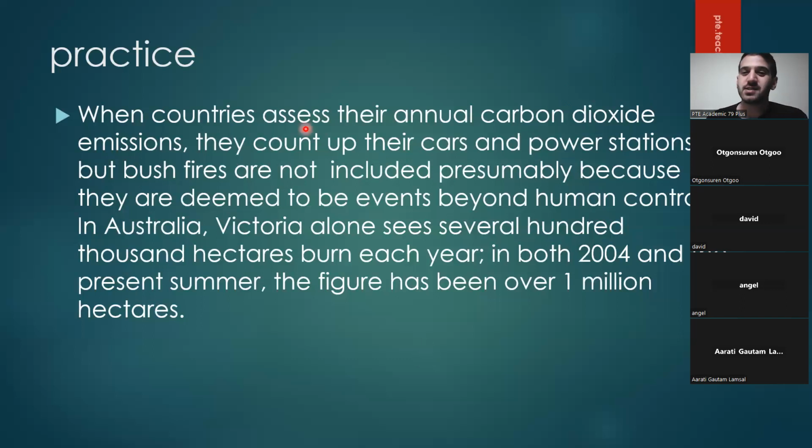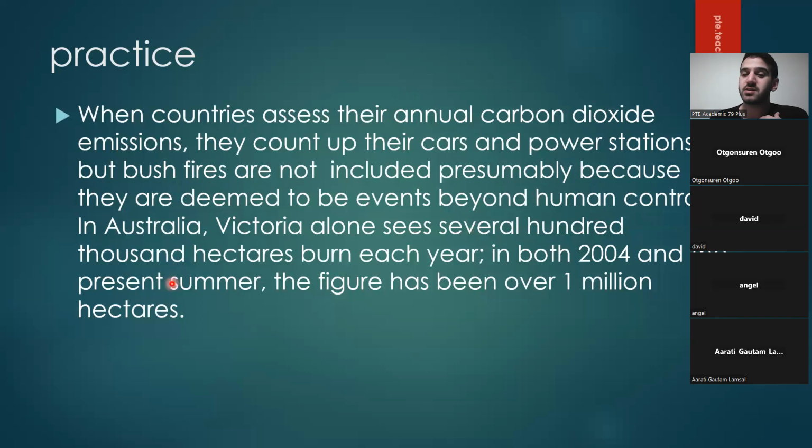When countries assess their annual carbon dioxide emissions, as you can see, again, this should be all set together. Their annual carbon dioxide emissions. Okay, so when countries assess their annual carbon dioxide emissions, they count up their cars and power stations. But bushfires are not included, presumably because they are deemed to be events beyond human control.